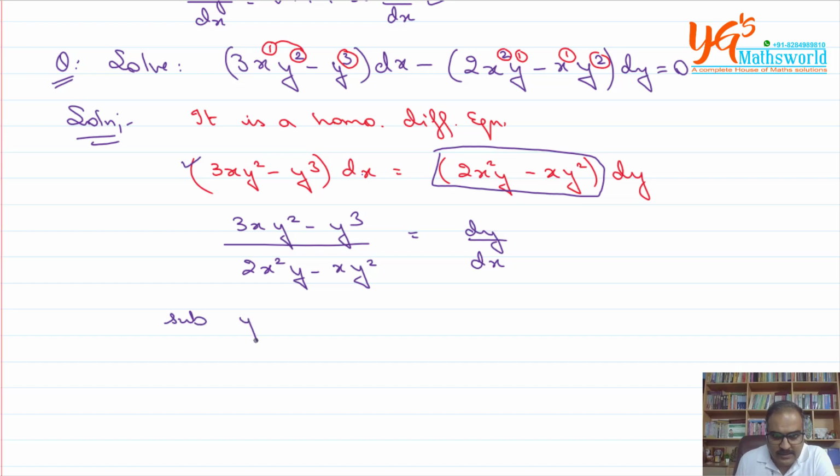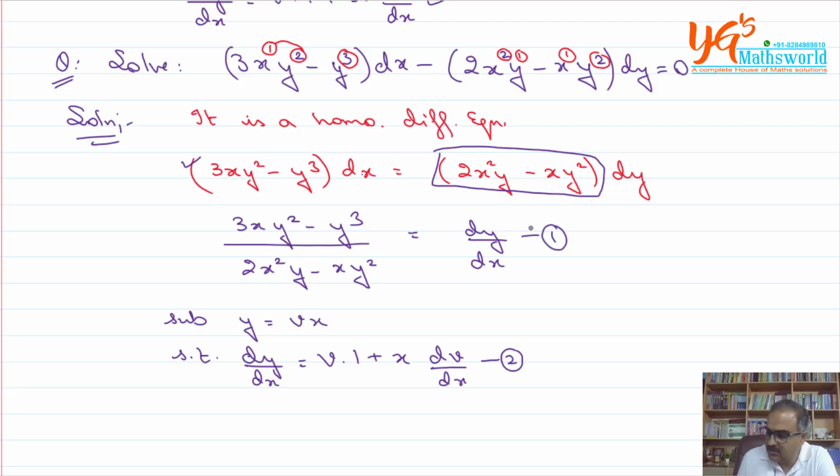Now I need to substitute y is equal to vx such that dy by dx is equal to v into the derivative of x, which will be 1, plus x as it is times the derivative of v, which will be dv by dx. Let this be equation number 2 and this is my equation number 1.